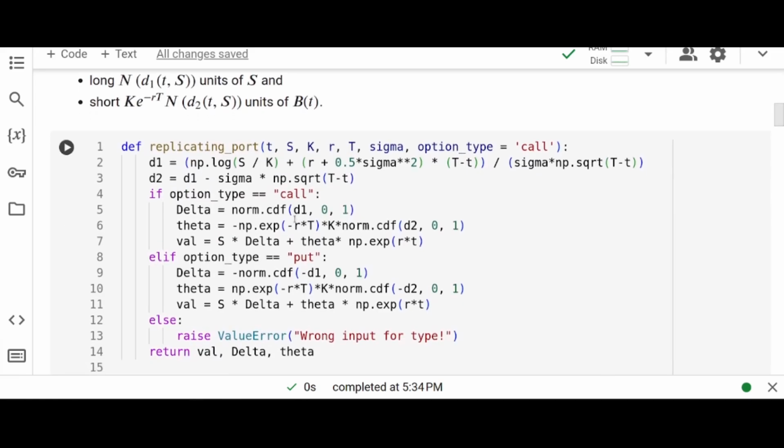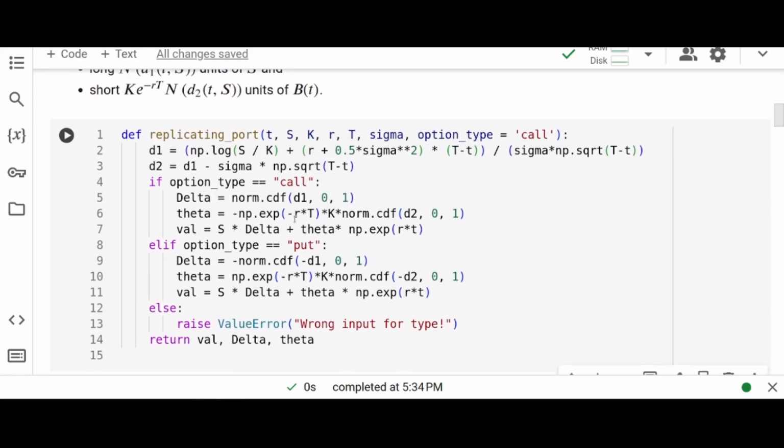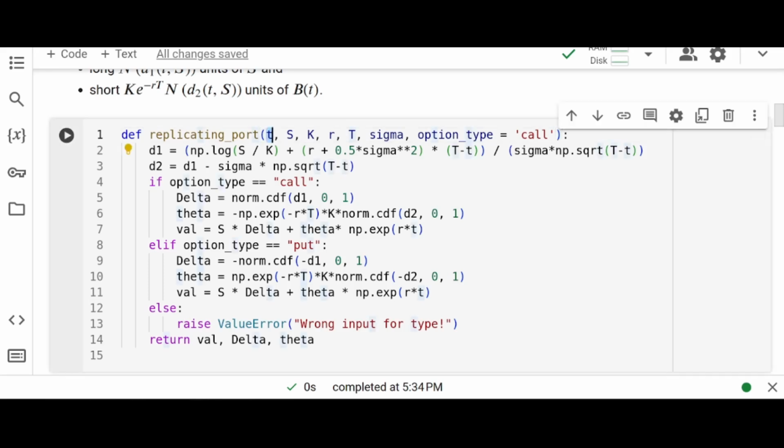I already prepared here a function called replicating portfolio. As you can see, this replicating portfolio takes the parameters: time t, the price of the stock at any time t, strike price, risk-free interest rate, maturity, volatility, and the type of option. So we calculate d1, which is given by this expression, and d2 is given by this expression.